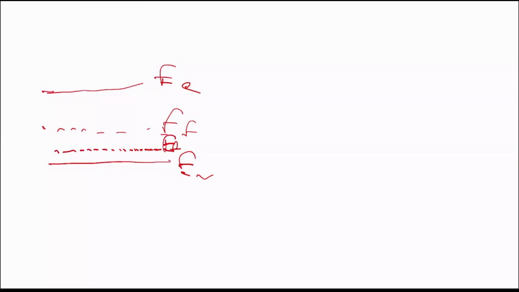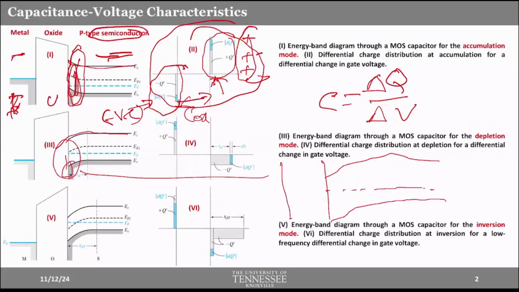Now, what happens if we make it a little bit n-type? The Fermi level moves away from the valence band, to above. Now, if you connect these two, the band will bend this way. You see the Fermi level was closer to the valence band.